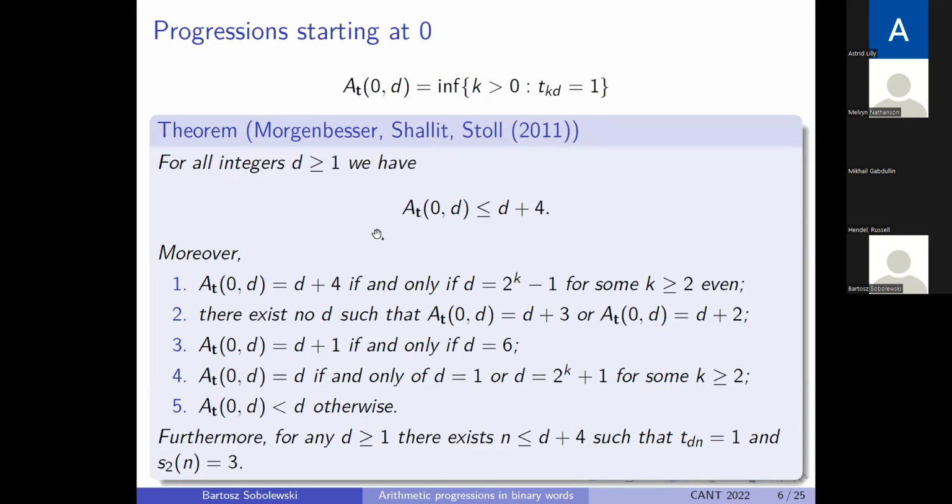And they managed to give a linear bound on the maximal length of such a progression equal to d plus 4. And this is a sharp bound because we have an infinite family of d such that this becomes an equality. And also the fourth case is interesting because we get another infinite family of differences d such that we have those arbitrarily long progressions.